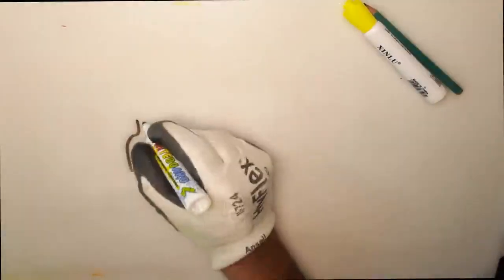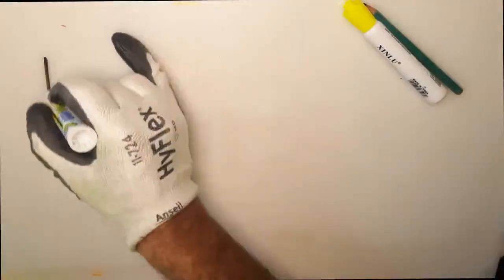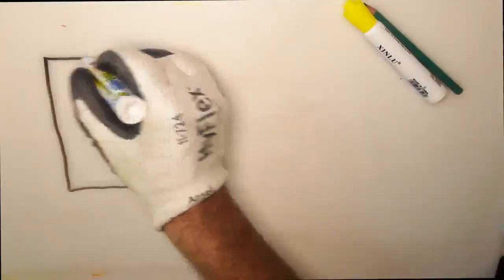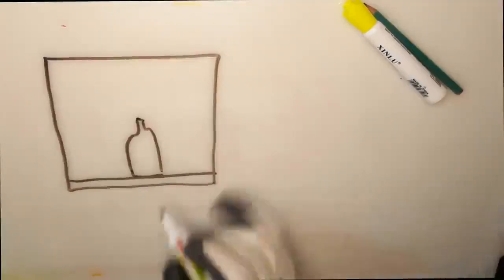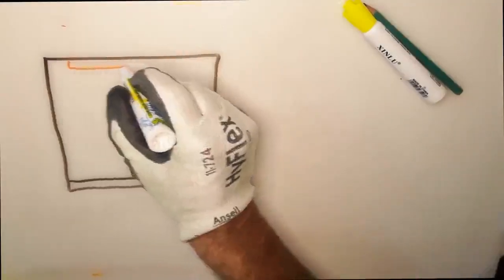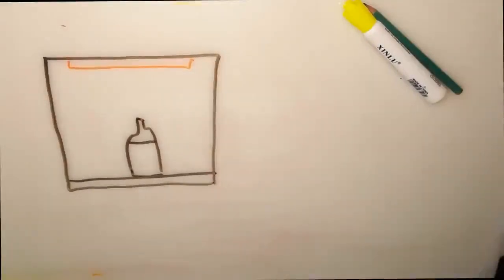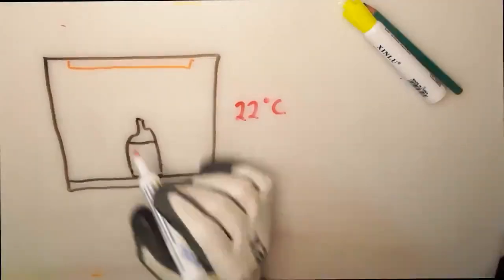Now let's go back to our cool drink. There is my bottle of cool drink, and I'm going to place it in a fridge, and there is a shelf. There's my cool drink. Let's give it an evaporator, and let's say the outside temperature is a modest 22 degrees Celsius.